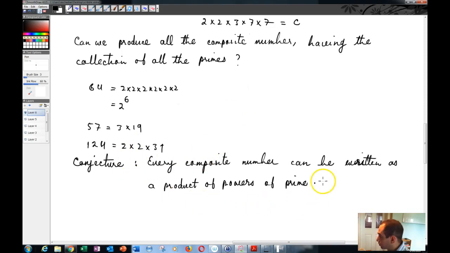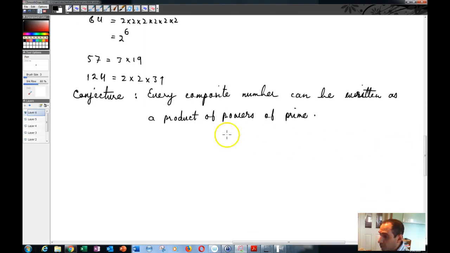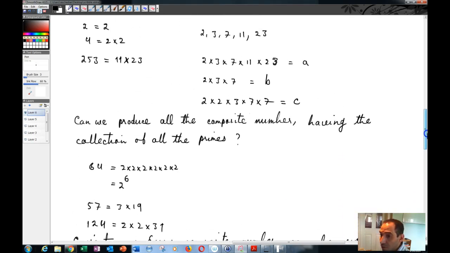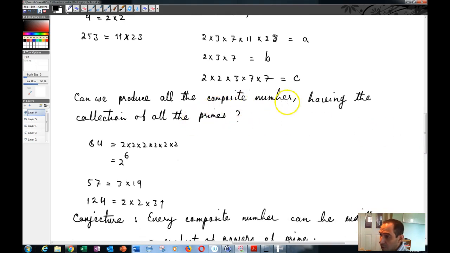statement is actually true. And it's called the Fundamental Theorem of Arithmetic. The idea is pretty simple, and I have a question over here. Can we produce all the composite numbers having the collection of all the primes? We haven't answered this question yet.